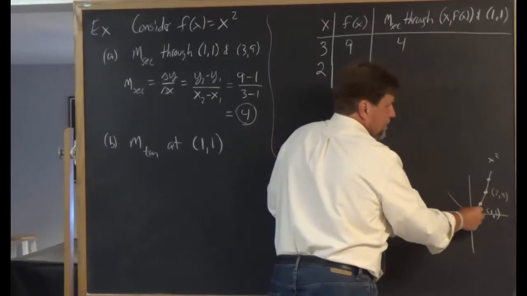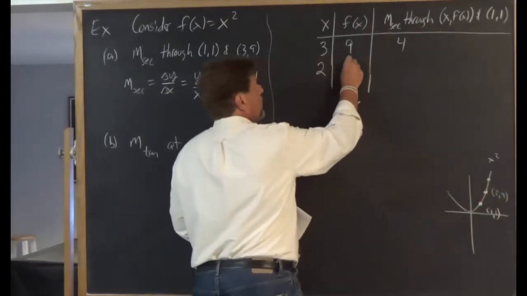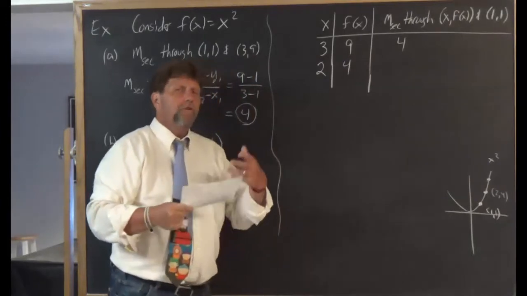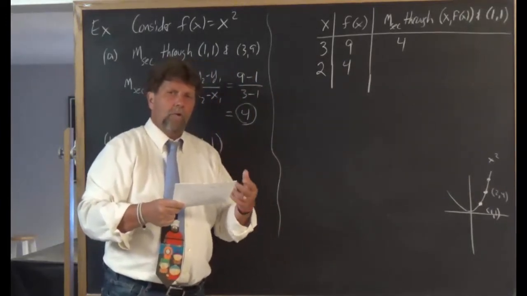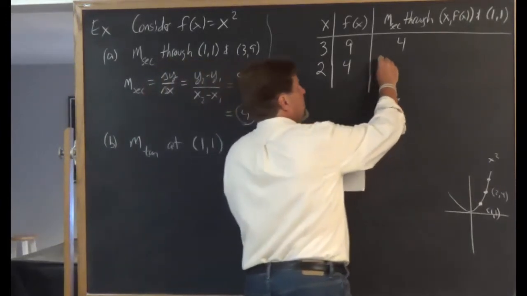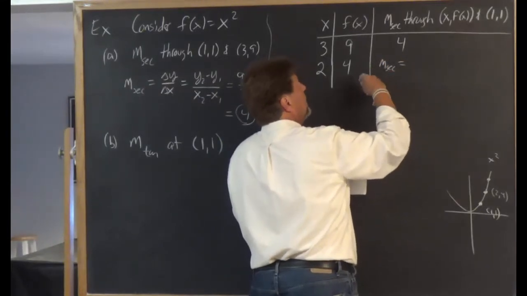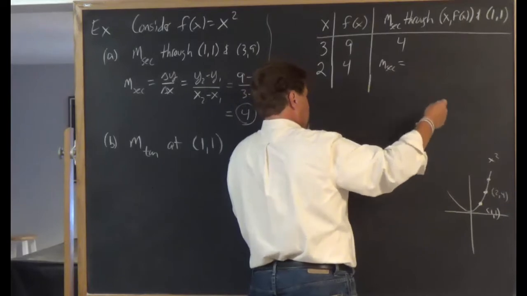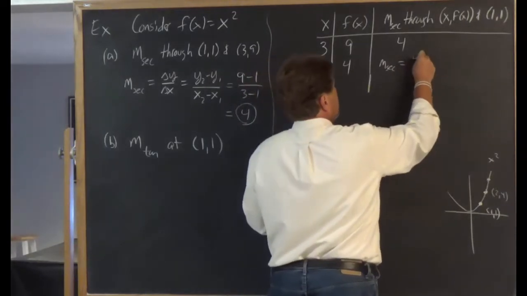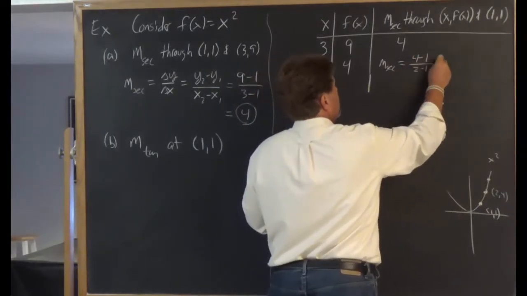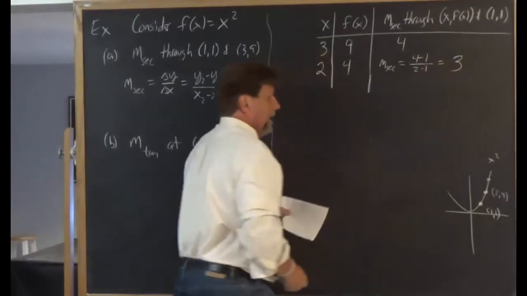Now I'm going to find the slope of the secant line through the points (2, 4) and (1, 1). It's change in y over change in x, so 4 minus 1 over 2 minus 1, it's 3.